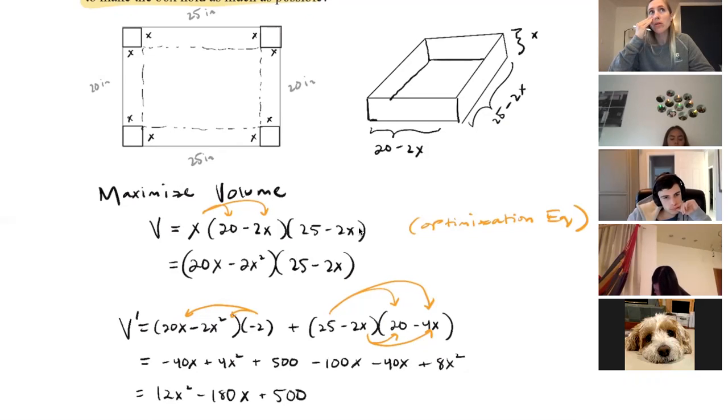Yesterday, Trevor asked a really good question about if you didn't come up with that closed interval, could you use the first derivative test anyways, regardless of the situation?